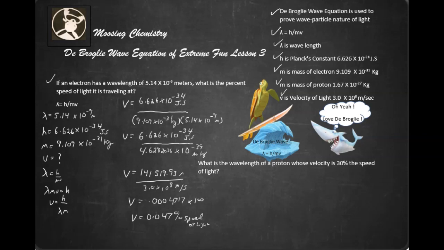Let's go to the second one. What is the wavelength of a proton whose velocity is 30% the speed of light? Well, now we're going to take our lambda, and we'll have h over m times v.